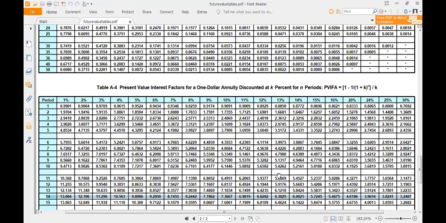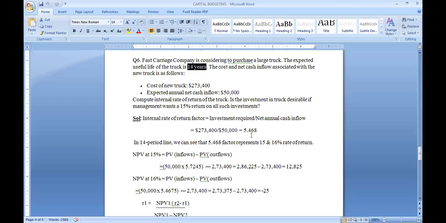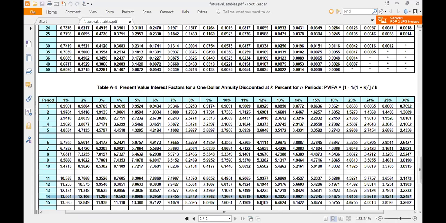The value that we are going to find out is 5.468. So we will check for 5.468 in the row of 14 years. So find a value nearby 5.468. It starts with 13.004, so we will have to shift to the right side. Okay, 5.4.